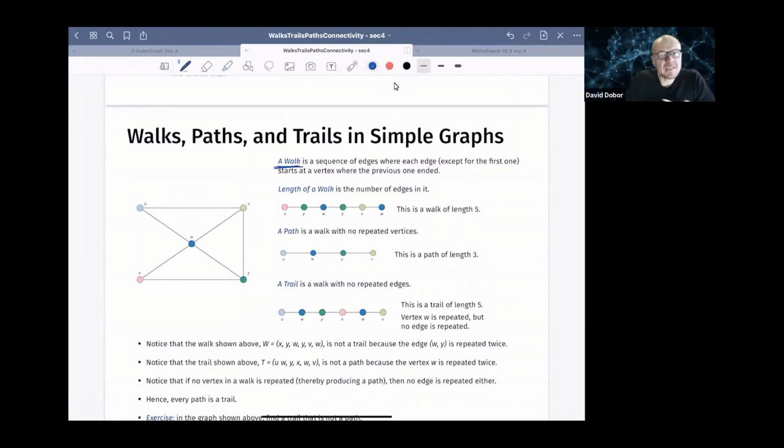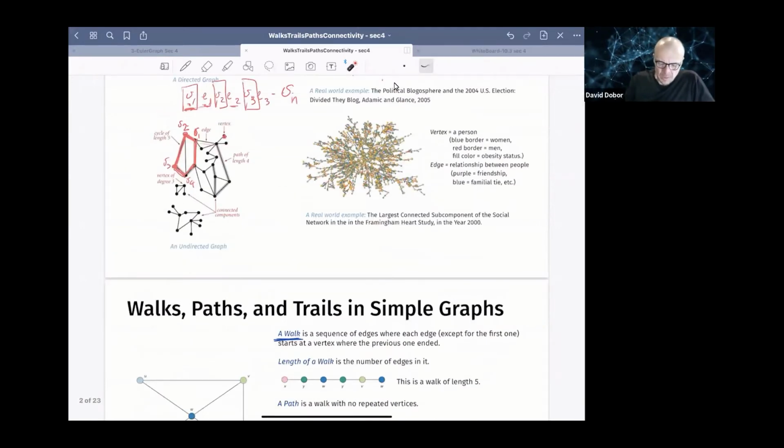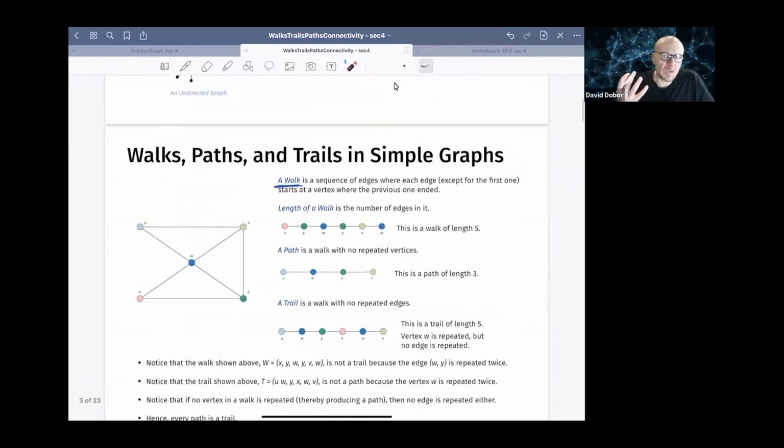A walk is the most general way of traversing the graph, of walking around the graph. It is any sequence of edges where each edge, except for the first one, starts at a vertex where the previous one ended. Why do we say it's more general than the other definitions I'm about to give?